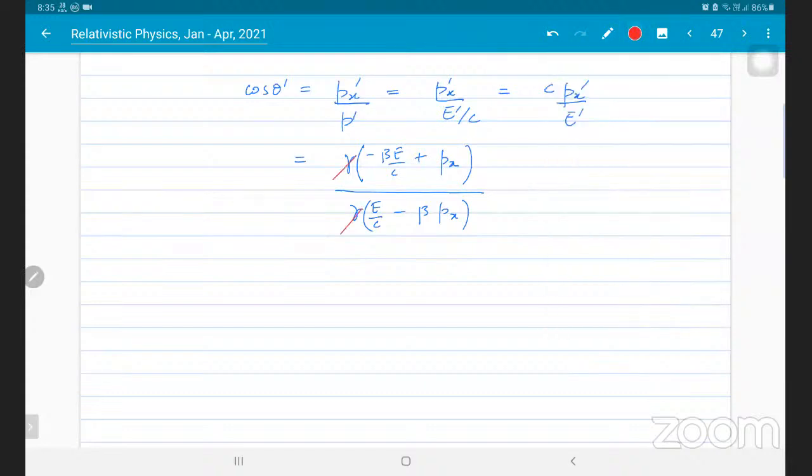Comma cancels out, right? And again, what I do is I divide both sides by Px. I divide both sides by E by C.